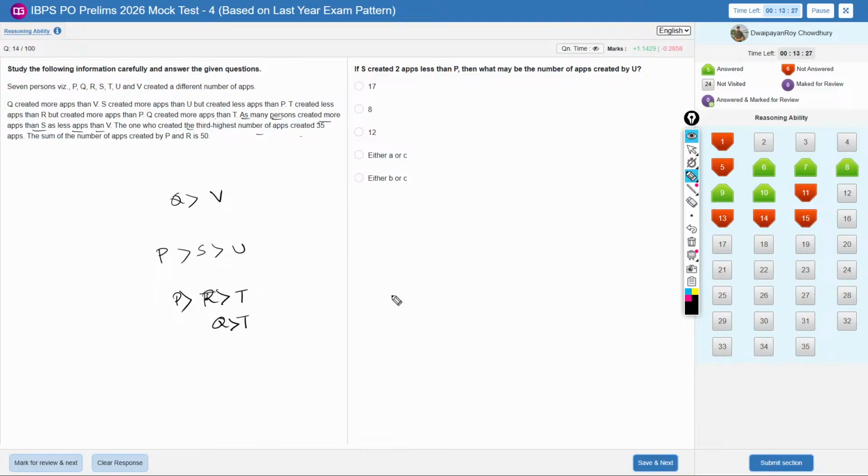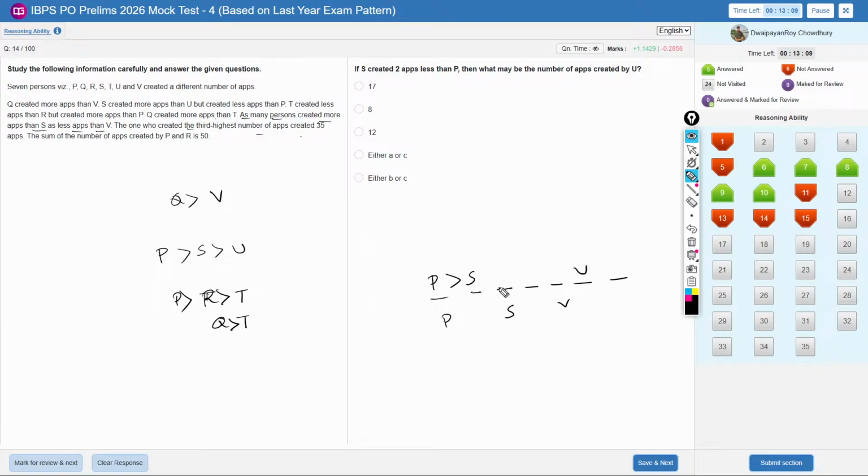Less than V. V, S, 2, 3, 4, 5, 6, 7. V or P here, S here, V here.